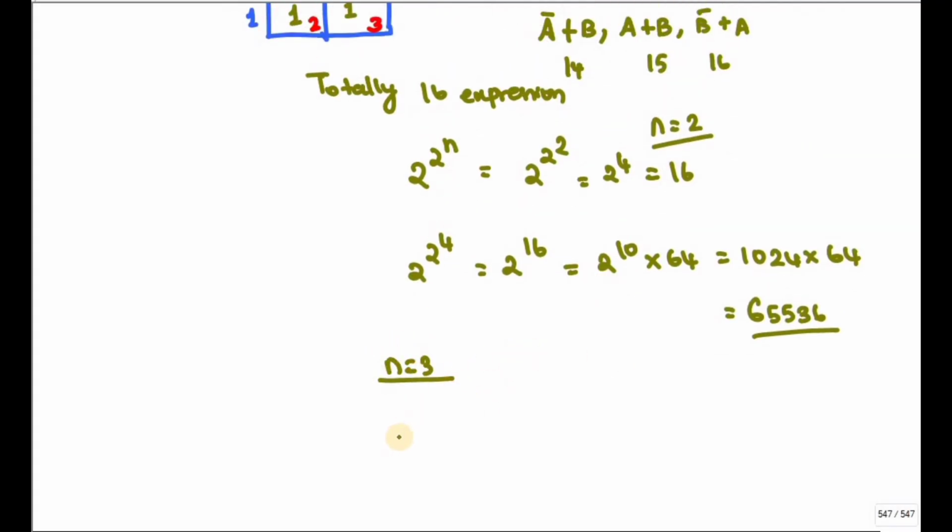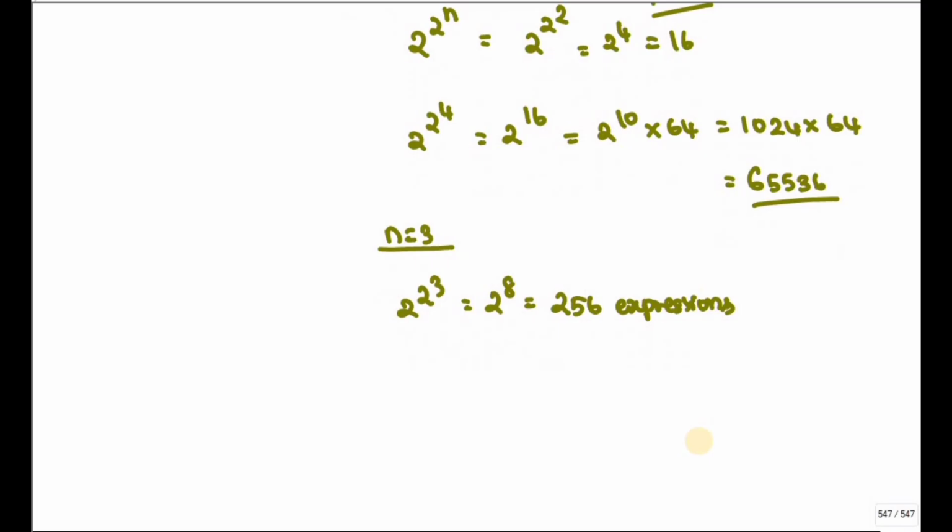Suppose the question asks for n equal to 3, that is, the number of variables is 3, then the answer will be 2 power 2 power 3, that is 2 power 8. So what is 2 power 8? 2 power 8 is 256. So 256 expressions we can form. If you want, you can try with the K-map.